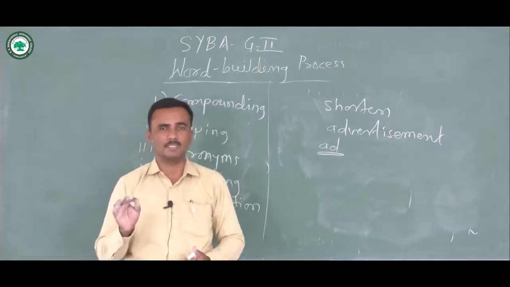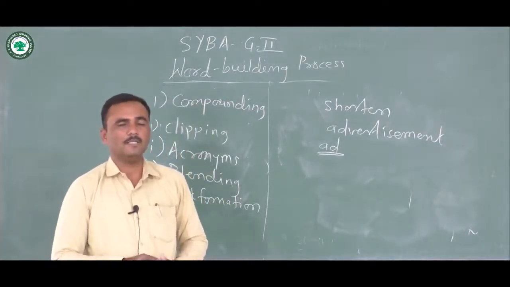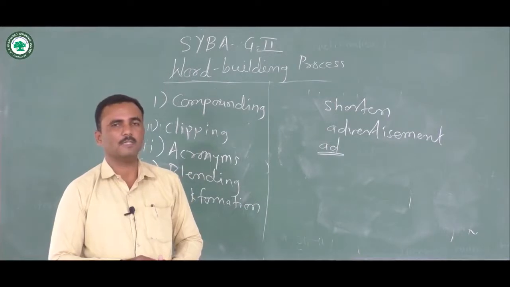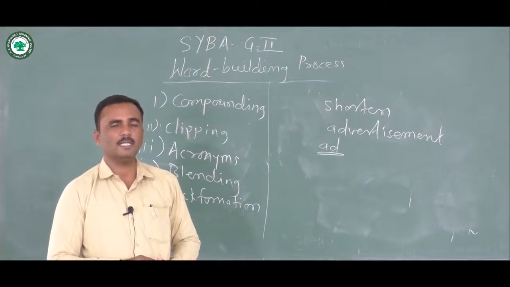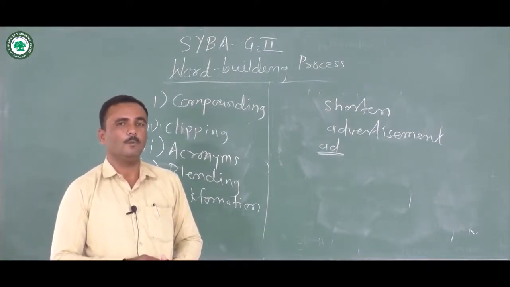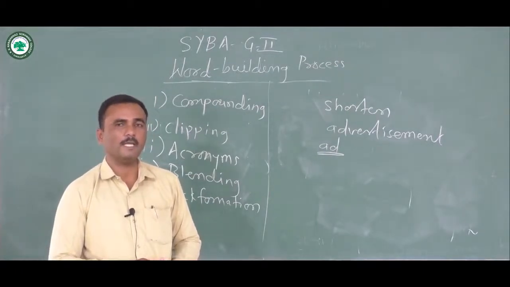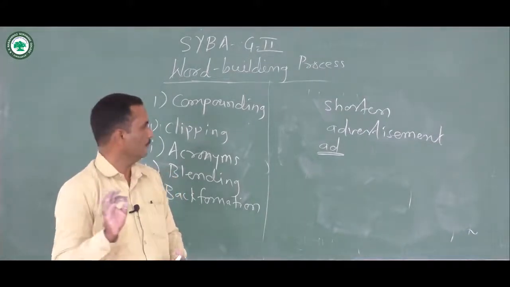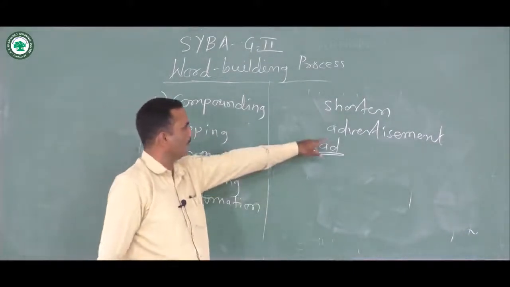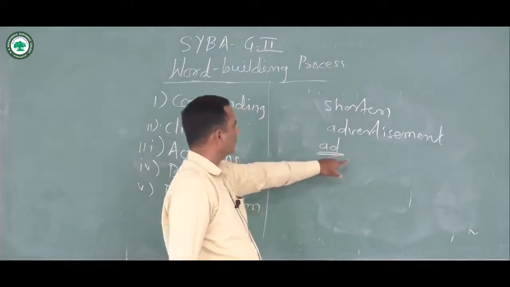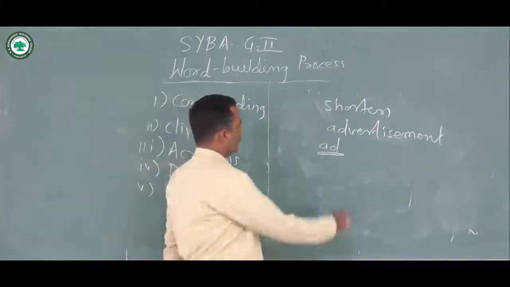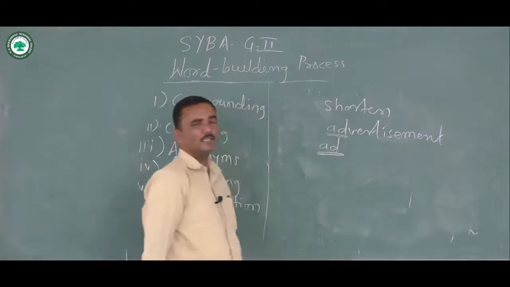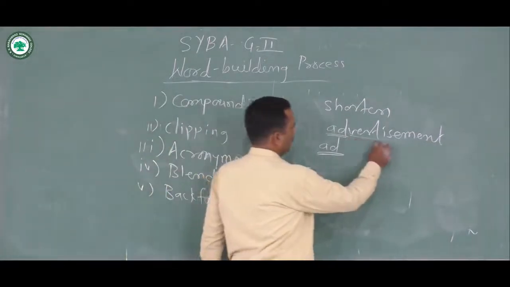We know that English words can be monosyllabic or polysyllabic. So clipping takes place when the words have more than one syllable. Clipping is difficult to apply in monosyllabic words. Advertisement is a polysyllabic word, so just the first part of the word is retained and the rest is clipped, and we write it as ads.